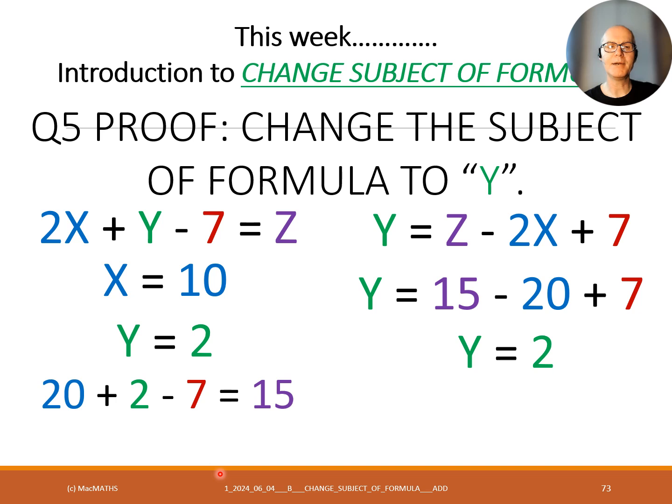Balanced on one side, balanced on the other side. So we have correctly changed the subject of the formula from z to y by checking that the formula is balanced.